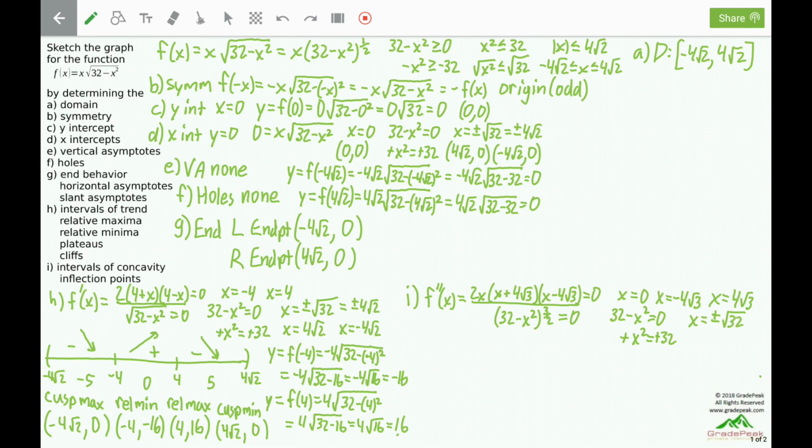The 16 comes out as a 4. So x equals positive 4 square root of 2, and x equals negative 4 square root of 2.